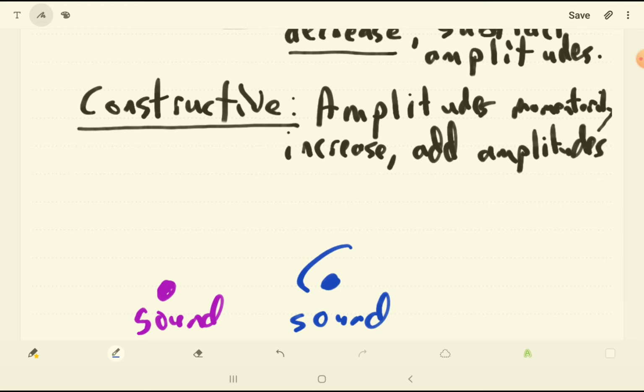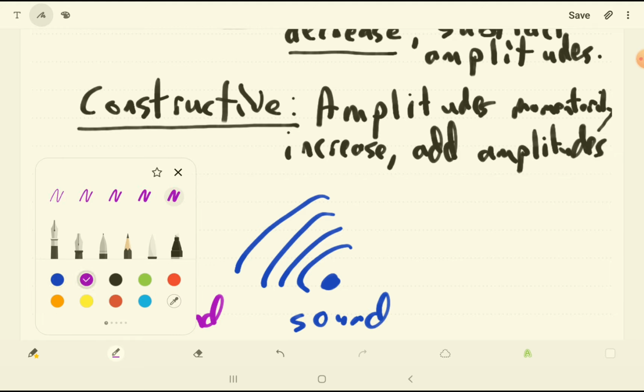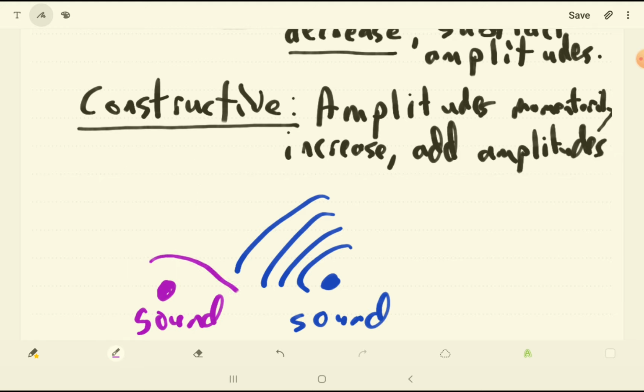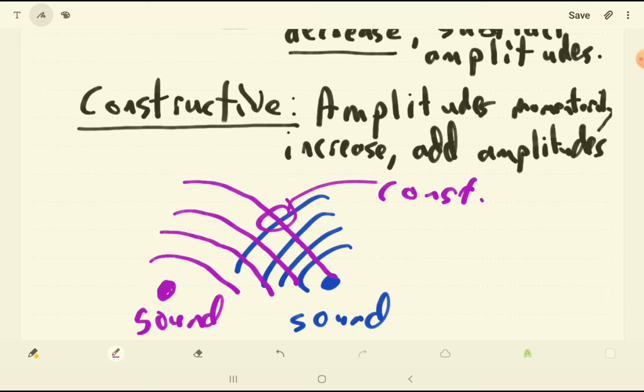Okay, and then blue propagates waves. And then purple propagates waves. Okay, the part where they cross, the constructive interference. So I'll just go like this. Constructive interference. Sound would get louder.